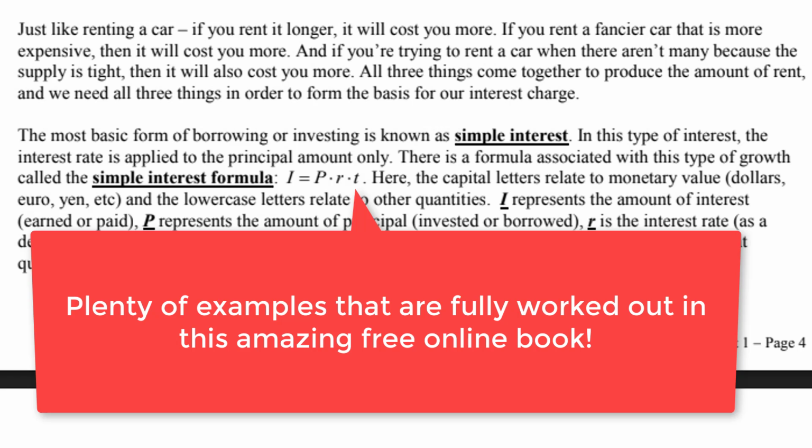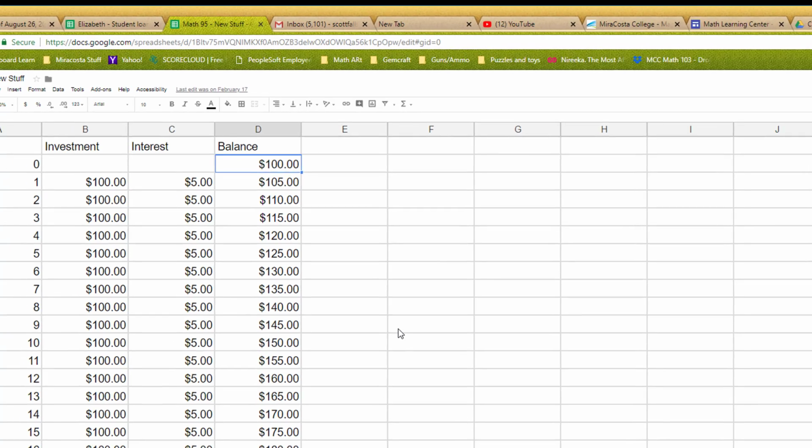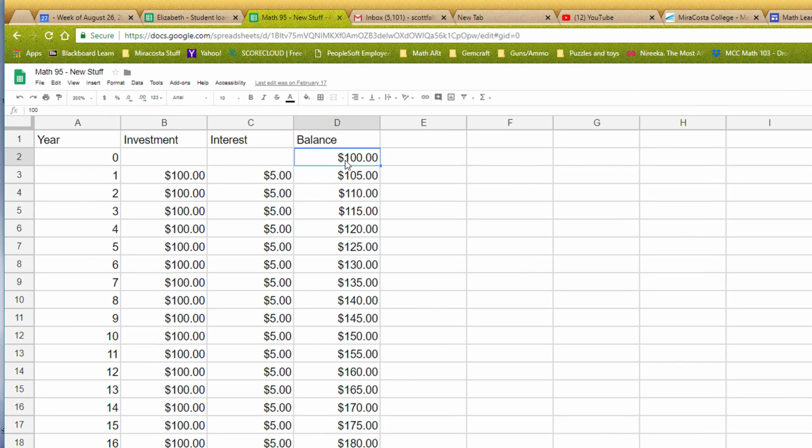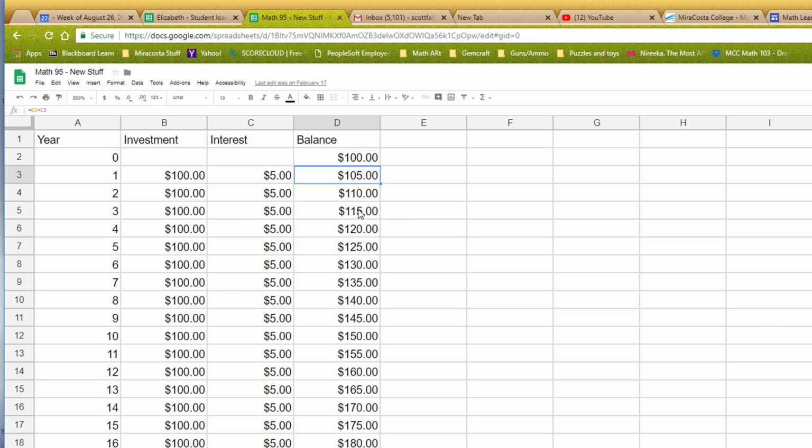So there's some examples here, but I thought you might want to see what it looks like in real life. So if you were to invest with 5% interest and you put $100 in the bank, simple interest would allow you at the end of a year to earn $5 in interest, and your balance would be $105.